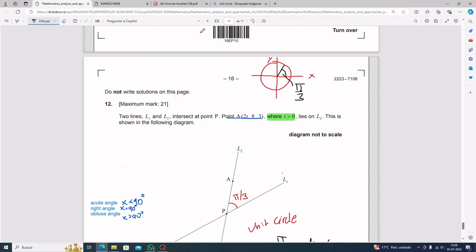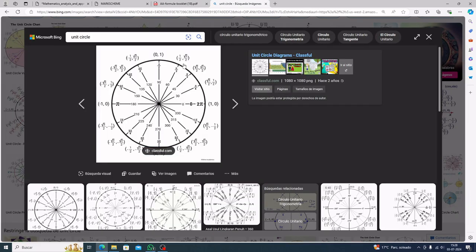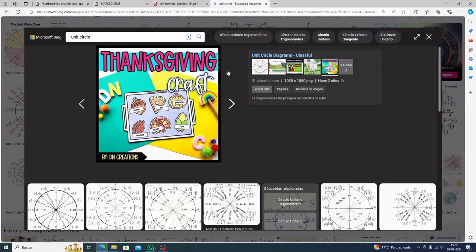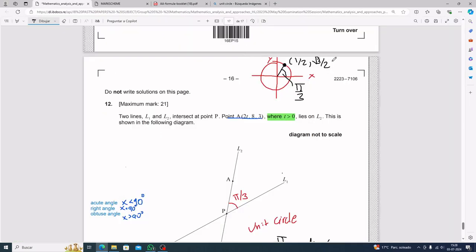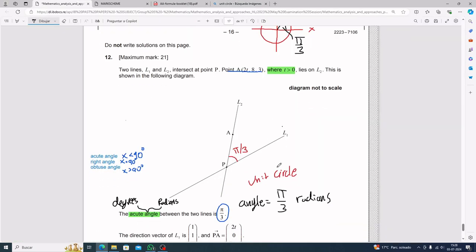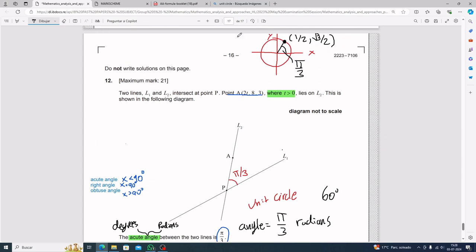And you also know that it lies on the point 1/2, comma, square root 3 divided by 2. Yes, square root 3 divided by 2. So we identified where it is on my unit circle. Technically, if you memorize that, you also know that this is the same as 60 degrees. But that is not the most relevant part here. The most relevant part is the point on which it lies.